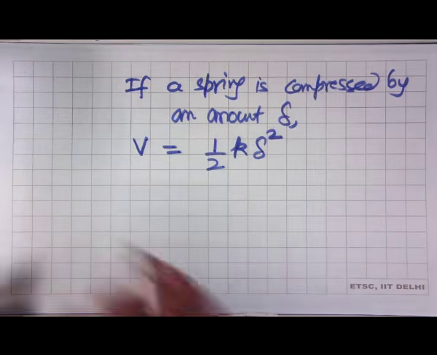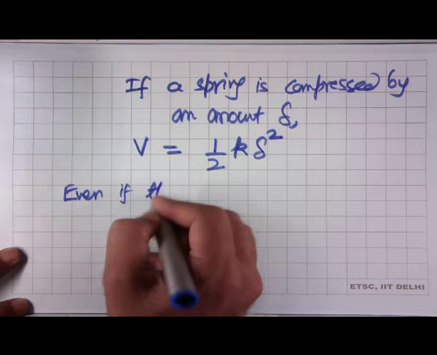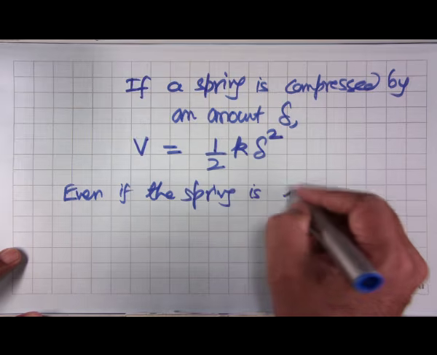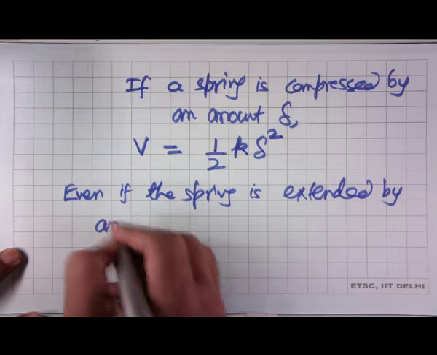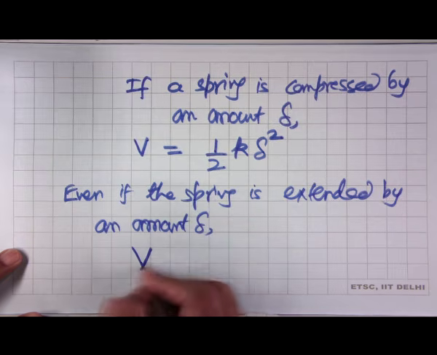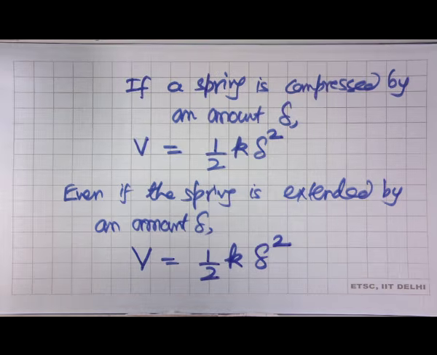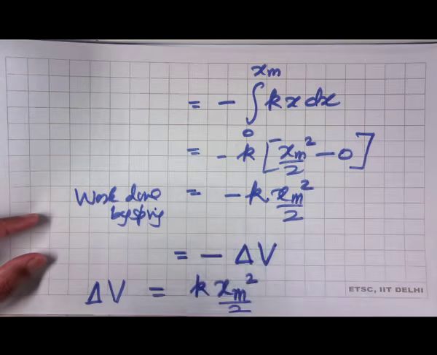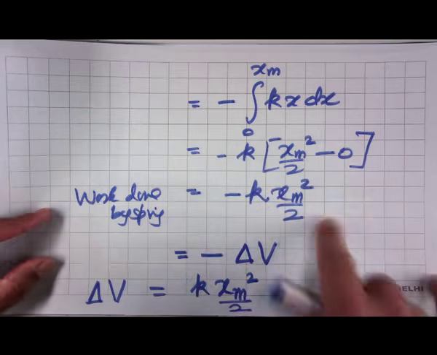And what we will realize is, even if the spring is extended by an amount delta, once again the potential energy of the spring will become equal to half k delta square. Because the spring force is acting in the opposite direction, the same thing will happen: minus k xm square by 2.